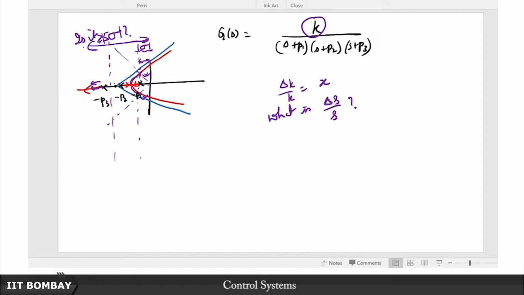The first idea that hits us is, look, immediately we see that if we want to place our poles in such a location that both the percentage overshoot and the settling time requirements are met, then I better put my poles here. But in order to do that, I'll have to make some changes in the controller structure. Just having a choice over this parameter k doesn't suffice.